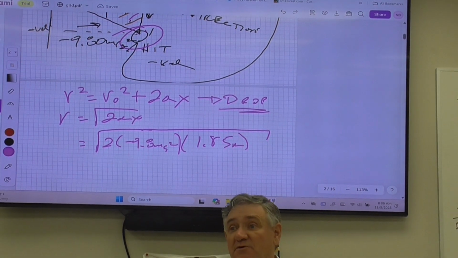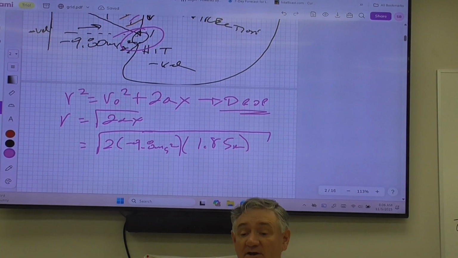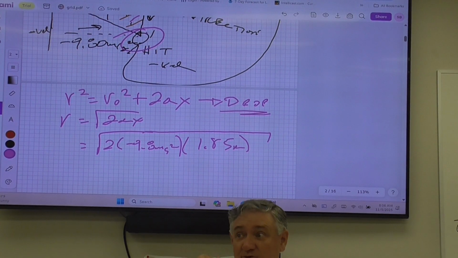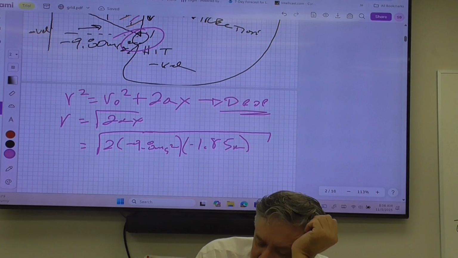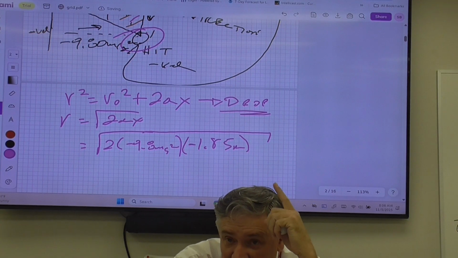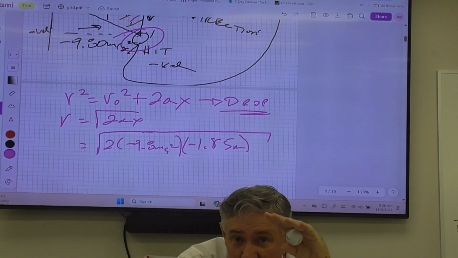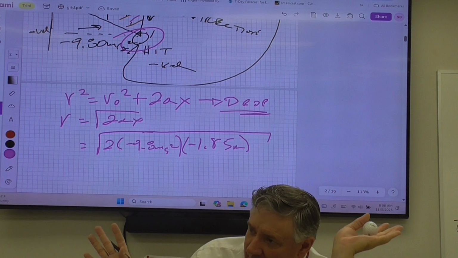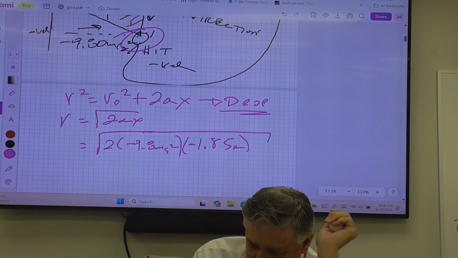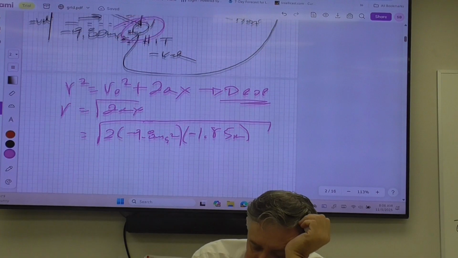But this is what I'm going to look for on the test, okay? If you have this, you have to show all these calculations in great detail. If this is what you write down, I'm going to write, imaginary velocity. But if you make that negative so that you're consistent with how the problem is defined, then they cancel, and it's all good, because then you get a positive value.